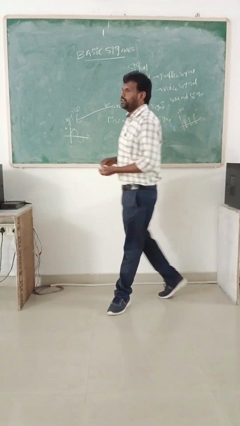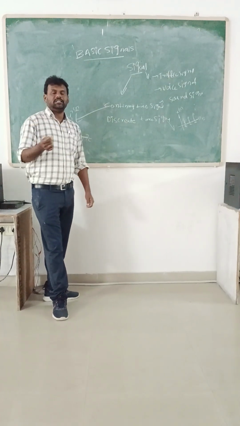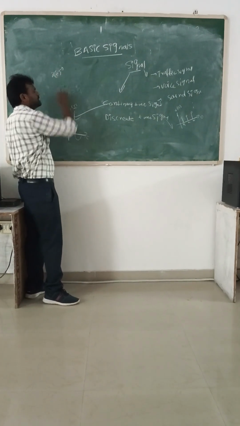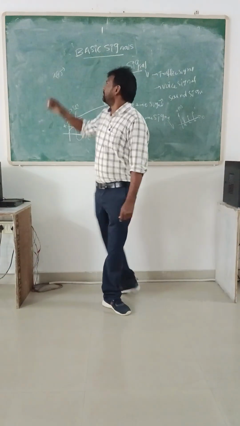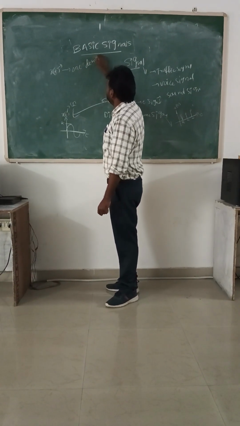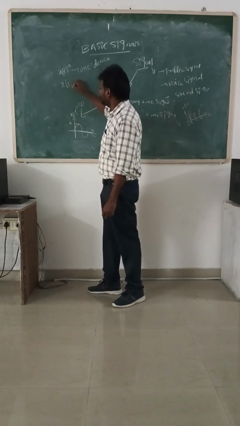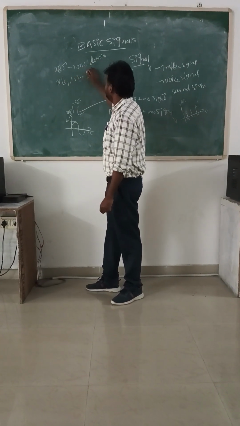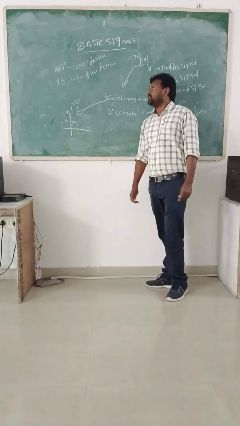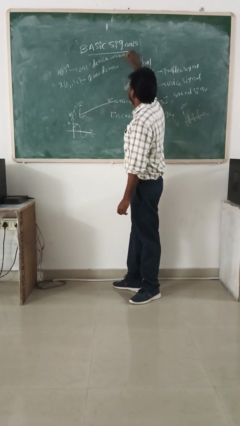Now we talk about signal modeling. Modeling means the signal depends on some number of variables. If a signal depends on one variable, it is called a one-dimensional signal. For example, voltage, current, and power.